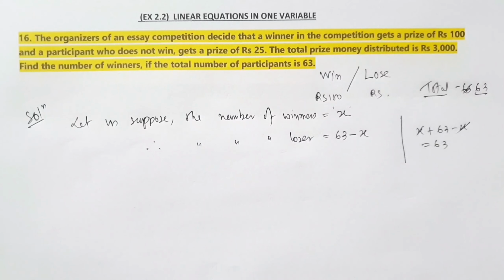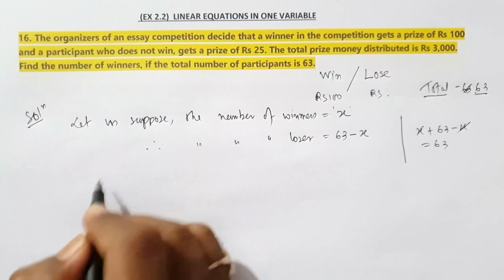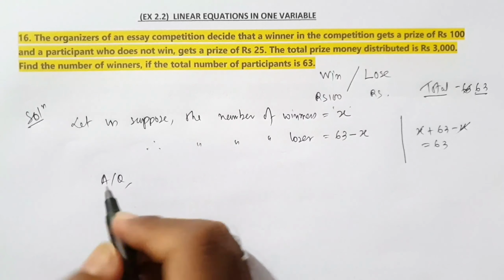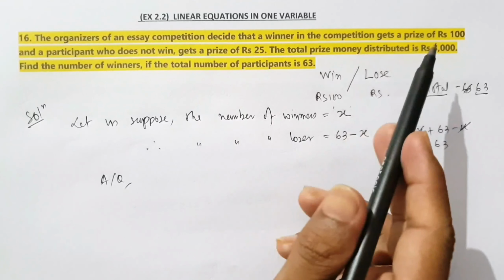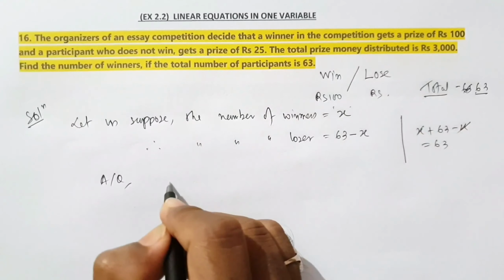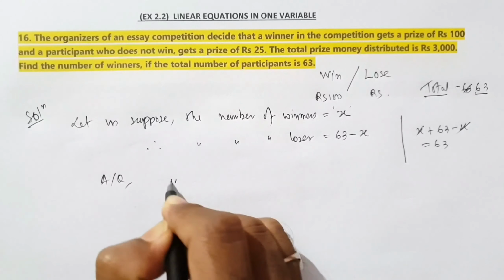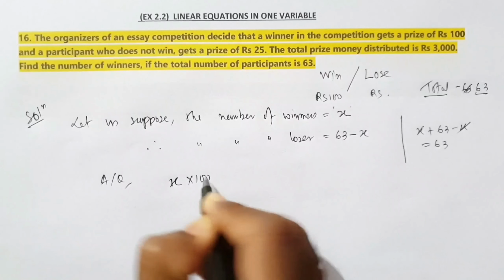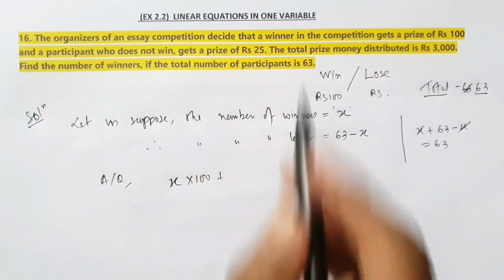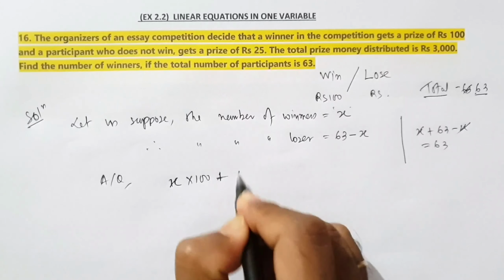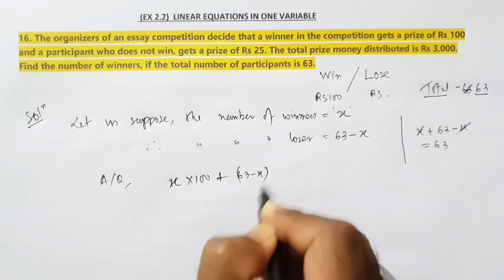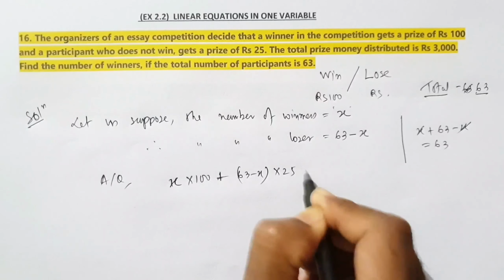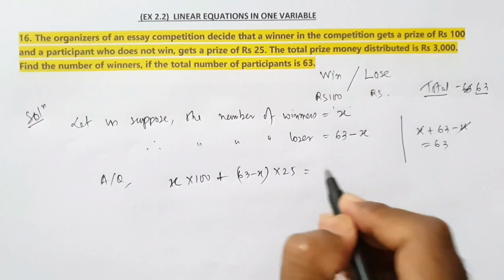So now according to the question, each winner gets rupees 100. It means that x number get rupees 100, and each loser gets rupees 25. 63 minus x number, this is the loser number, get rupees 25, and the total prize money was rupees 3000.